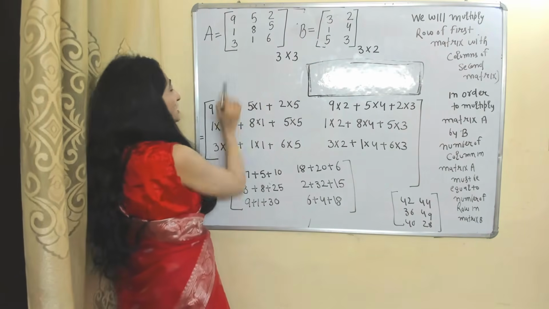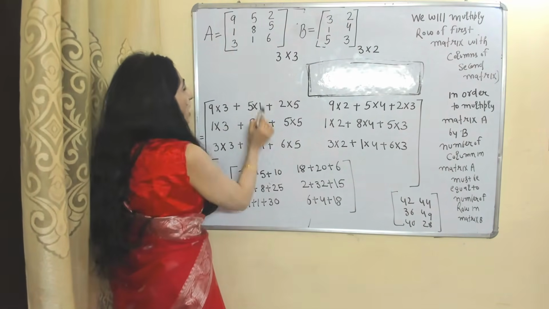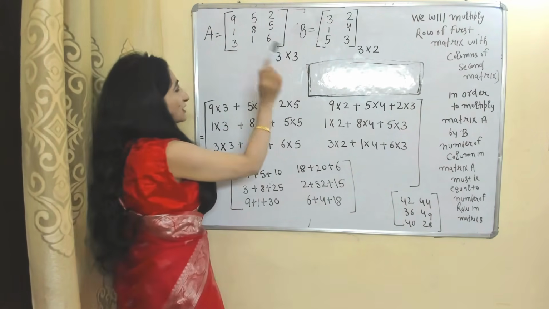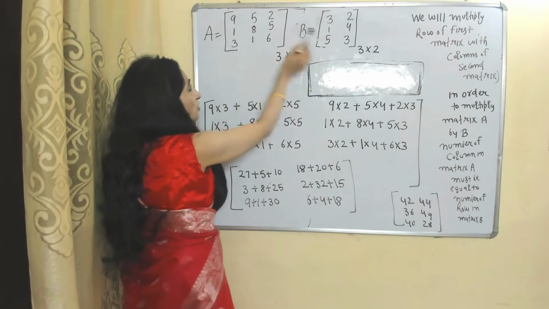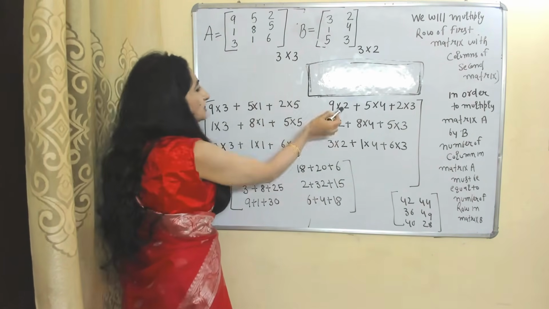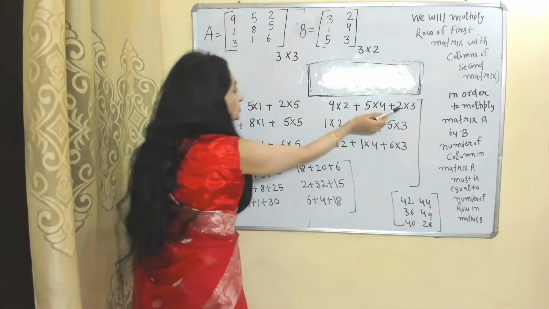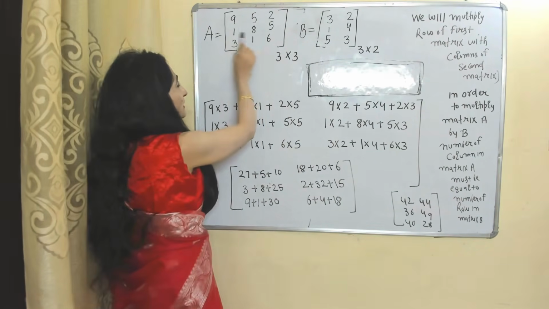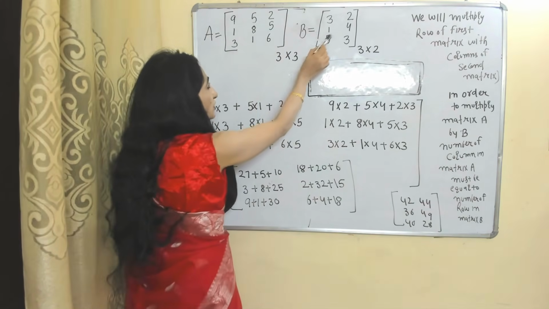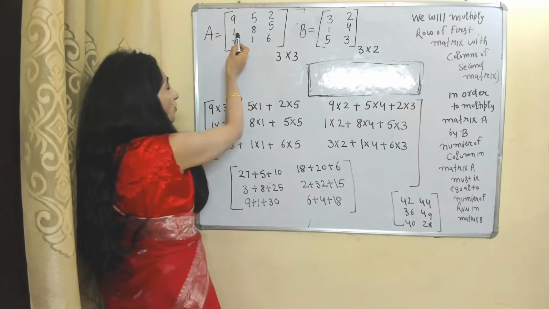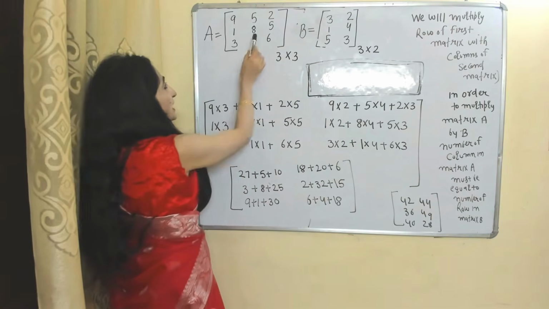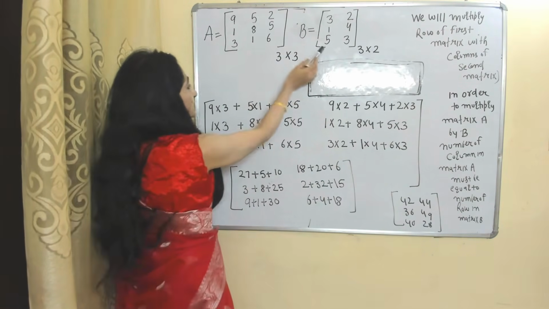9 into 3 plus 5 into 1 plus 2 into 5. Now, you multiply this first row with the second column: 9 into 2, 5 into 4, 2 into 3. Same way you will multiply the second row with the first column as well as the second column. 1 into 3, 8 into 1, 5 into 5.